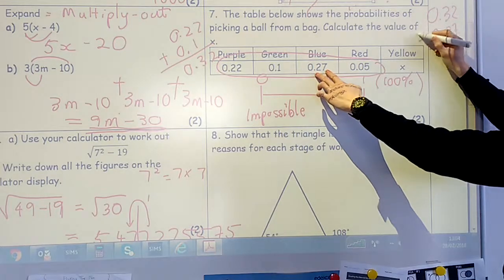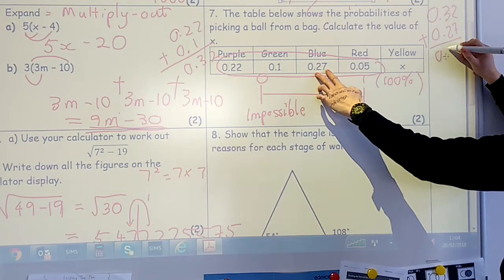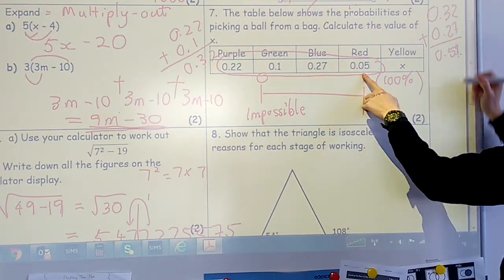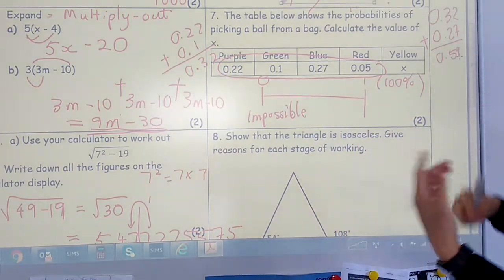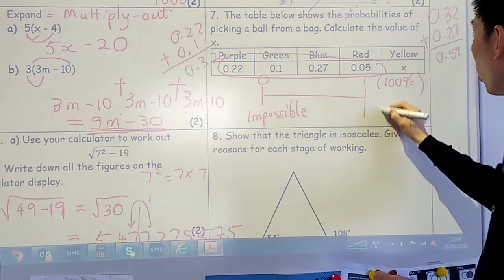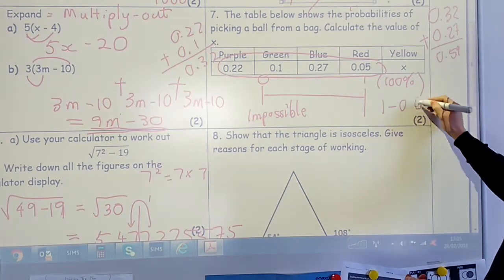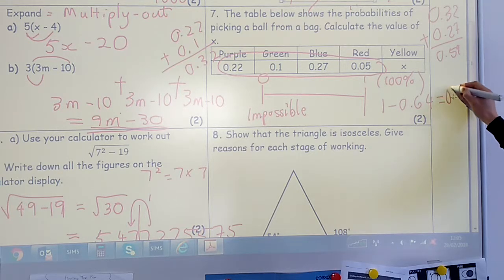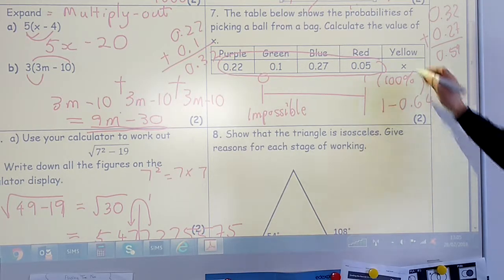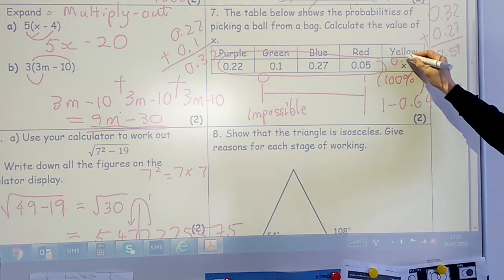So that comes to 0.59. And then add another 0.05. So 9 plus 5 makes 14, 0.64. So it's 1 take away 0.64, which is 0.36. So this x is 0.36.